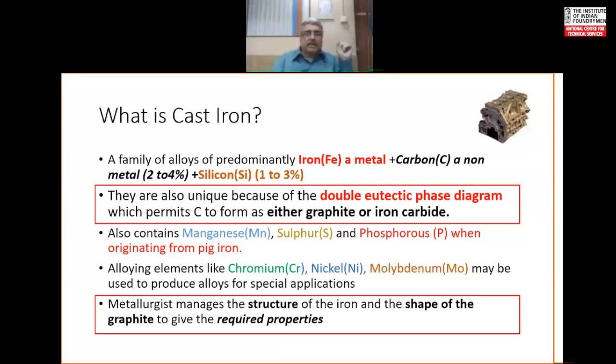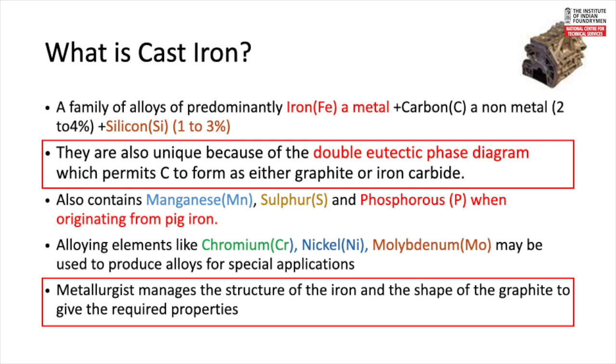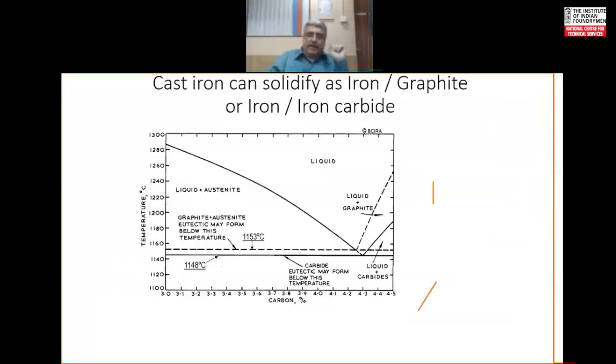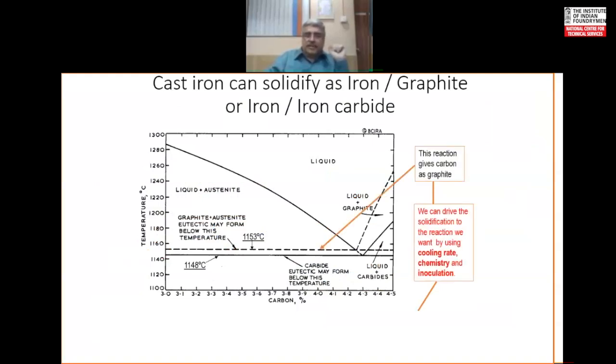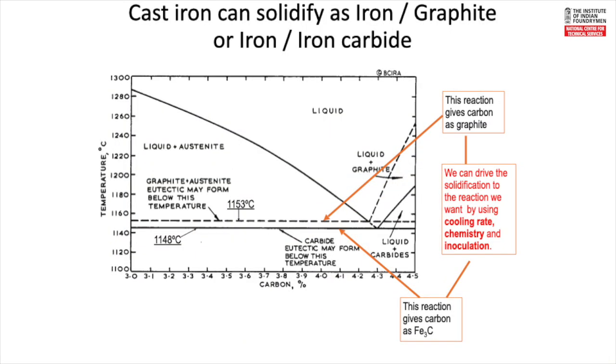And foundrymen, metallurgists have to manage the structure of the iron, shape of the graphite, and the matrix so as to get the required properties. Because of these 2 points, I'm just putting here this double phase diagram, because this is very, very crucial for understanding the nucleation and inoculation process.